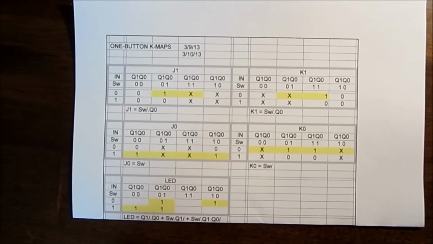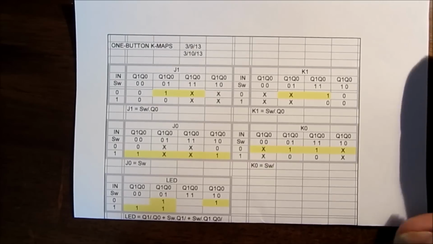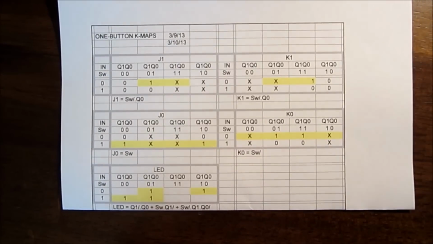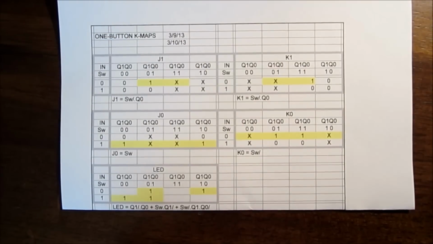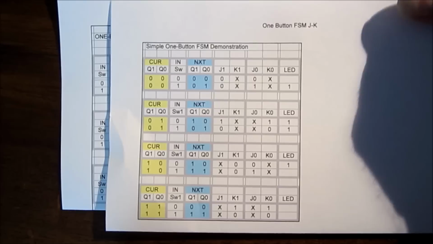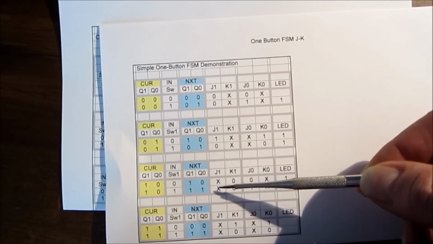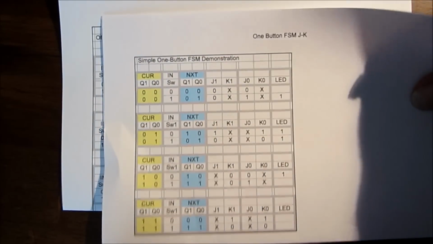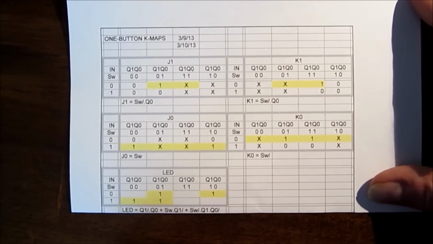The first thing we need to do is transfer the information out of the next state table into this map. And the way we do that is we take this information right here, the ones and zeros and don't cares for the J and K flip-flops, and we put them into this table.